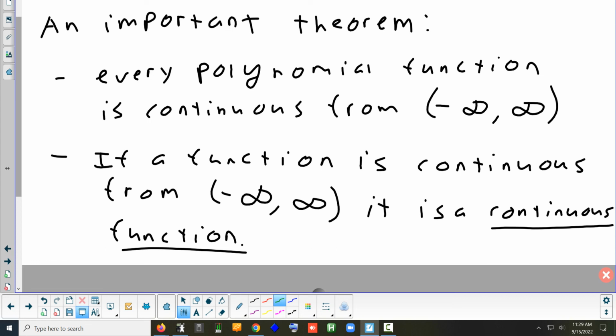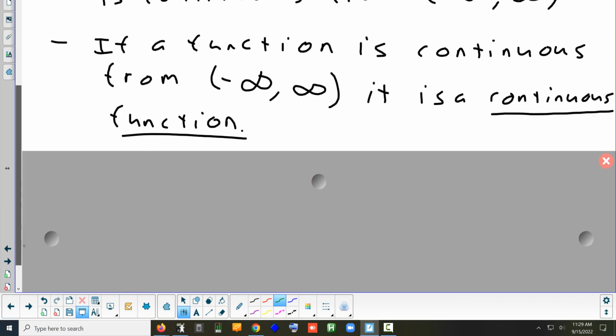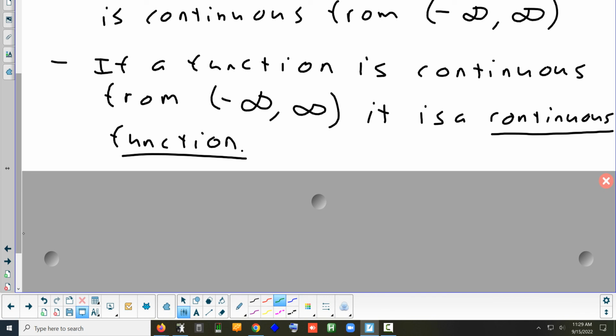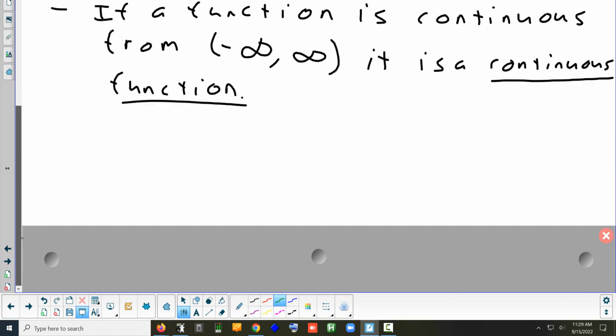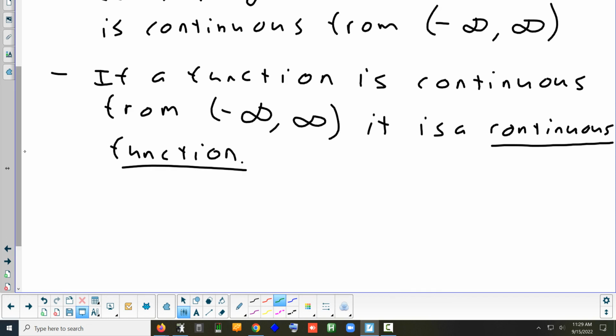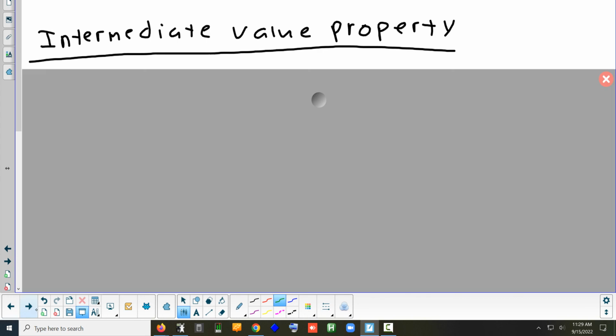Parabolas, cubics, all of them. Polynomials are generally easier functions to work with than some of the other ones we're going to study because of that. You don't have to worry about undefined values or breaks or holes. It doesn't happen. Right. So that's the idea of continuity.